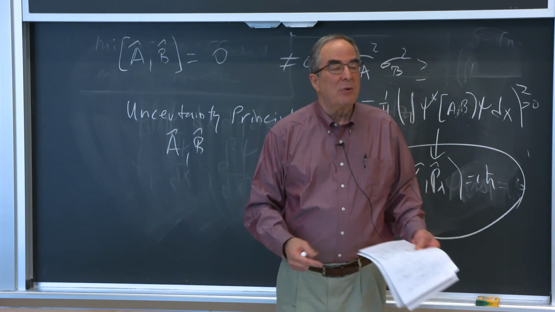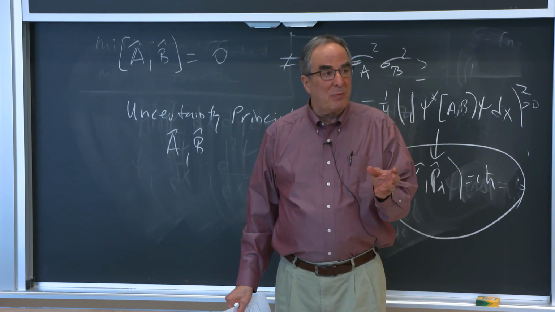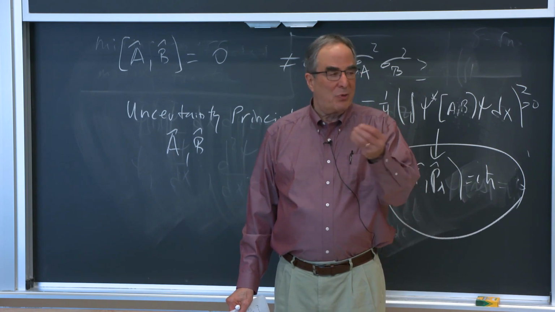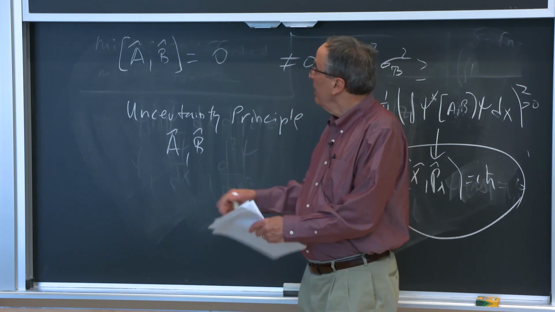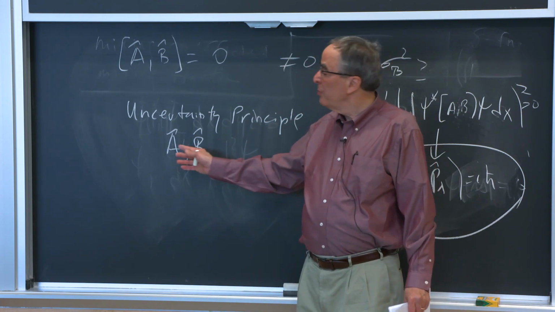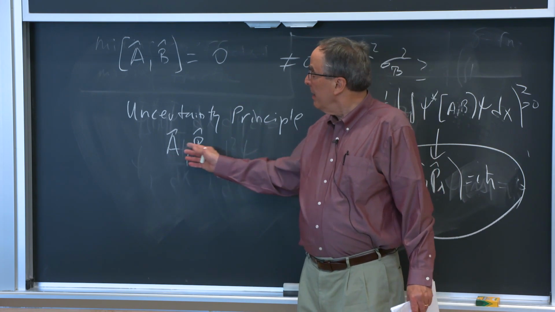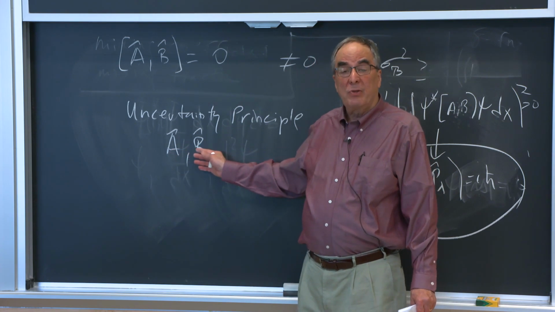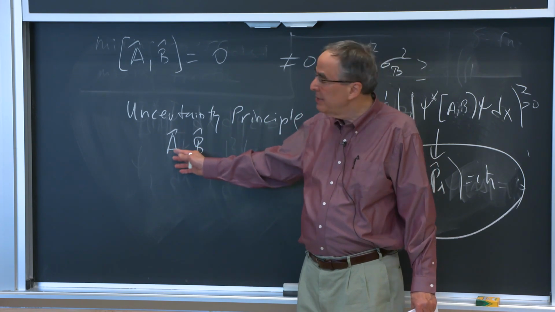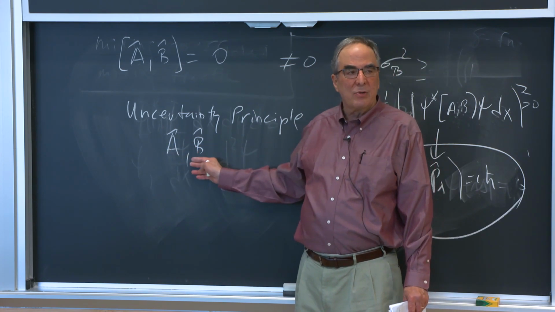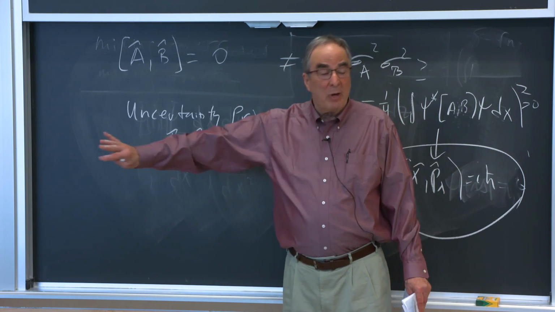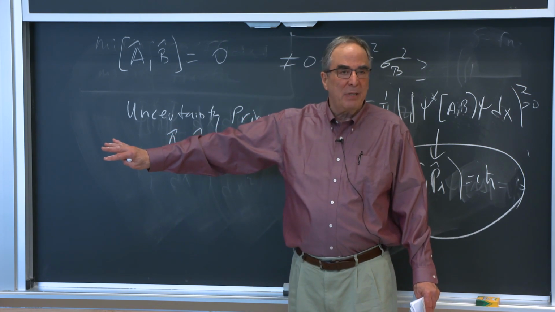It doesn't have to do with constructing some clever experiment where you try to measure two things simultaneously. It says all of the problems with simultaneous observations of two operators, two things, comes from the structure of the operators, comes from their commutation rule, which traces all the way back to the commutator between x and p.